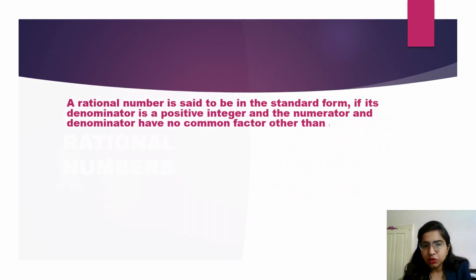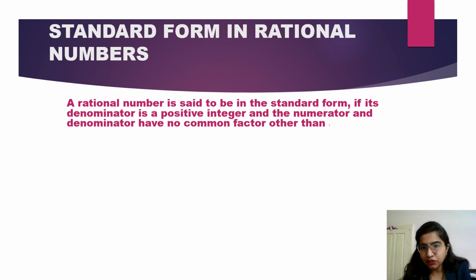To the next question, what is the standard form of rational numbers? Students, what is standard form? If you find any fraction, meaning p by q form number, which doesn't have any common factor except 1.